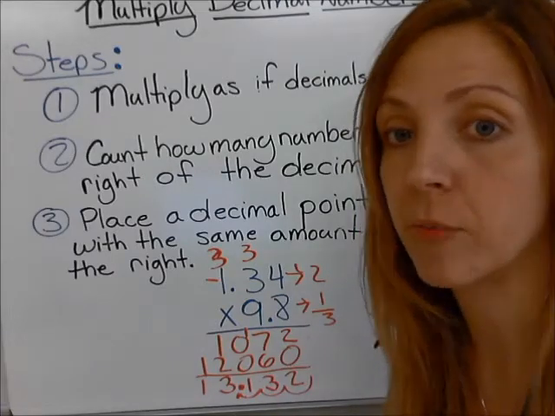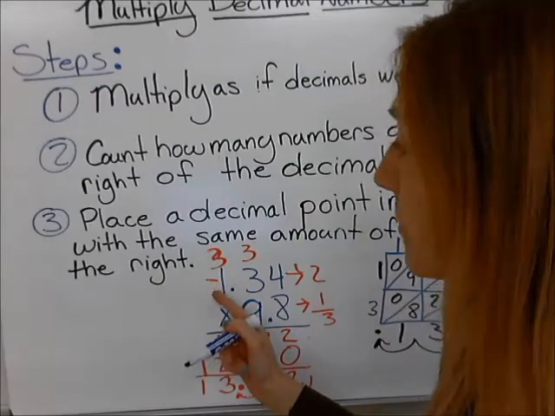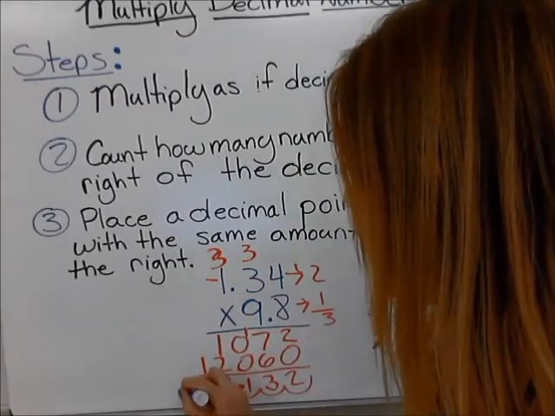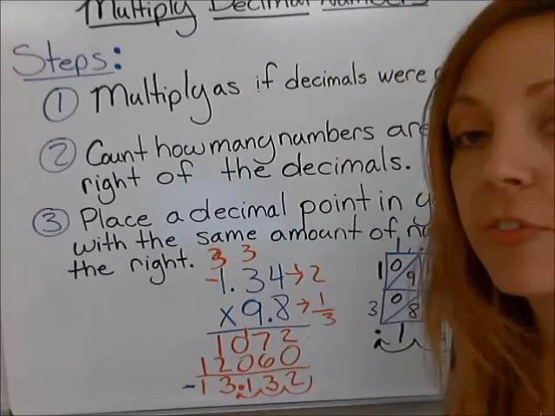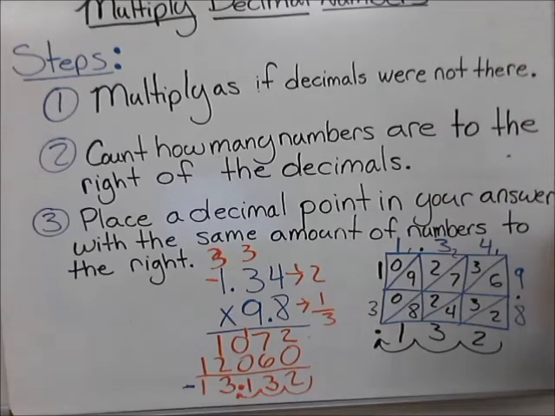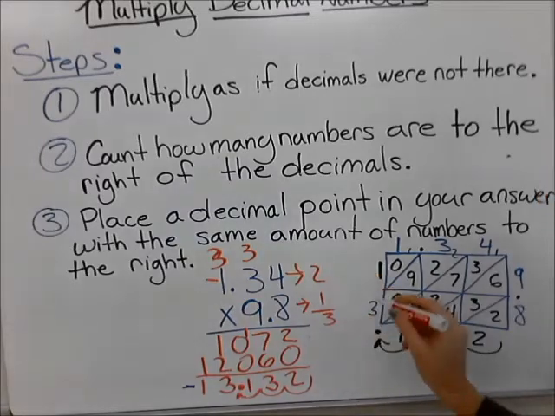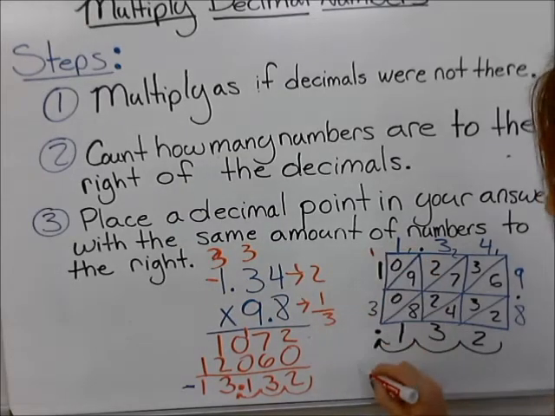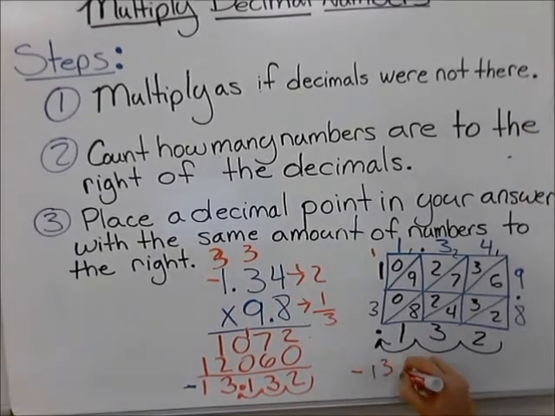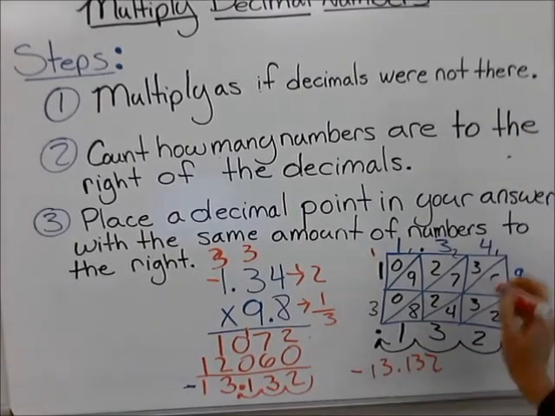It'd be -9 as our answer, but it's -1 34/100 times 9 8/10. Our answer is still going to be a negative answer: -13 132 thousandths. Now, you are welcome to use lattice if you like that, but please keep in mind that you do need to add your -1 when you're finished and write your answer back out: -13.132.